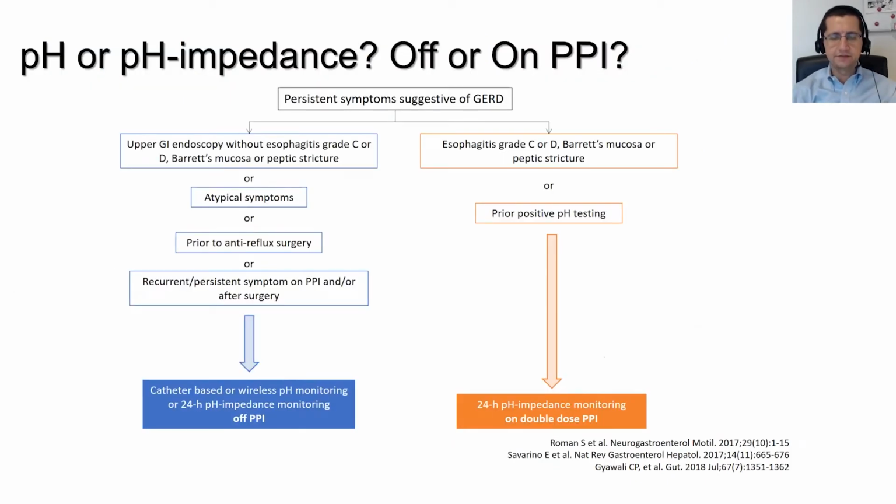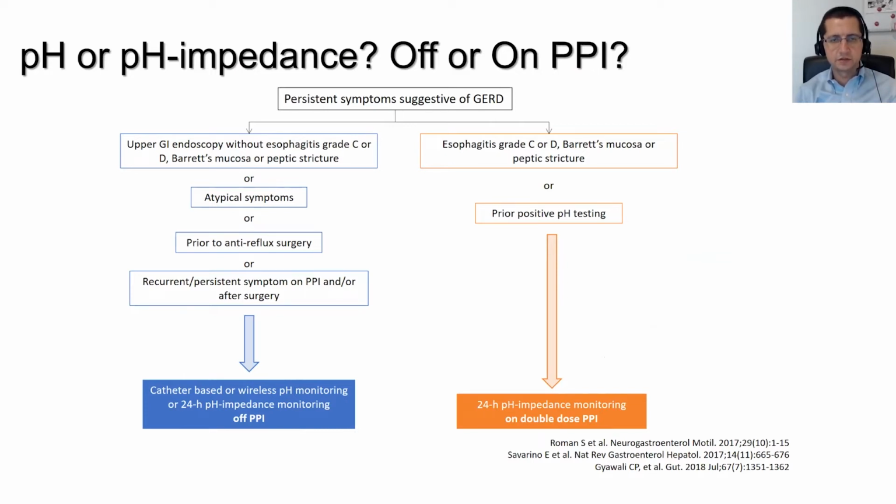Another major advantage of impedance pH testing relies in the opportunity to test patients off or on PPI therapy. A lot of debate there was in the last years on when and which patients to test in the two different modalities.